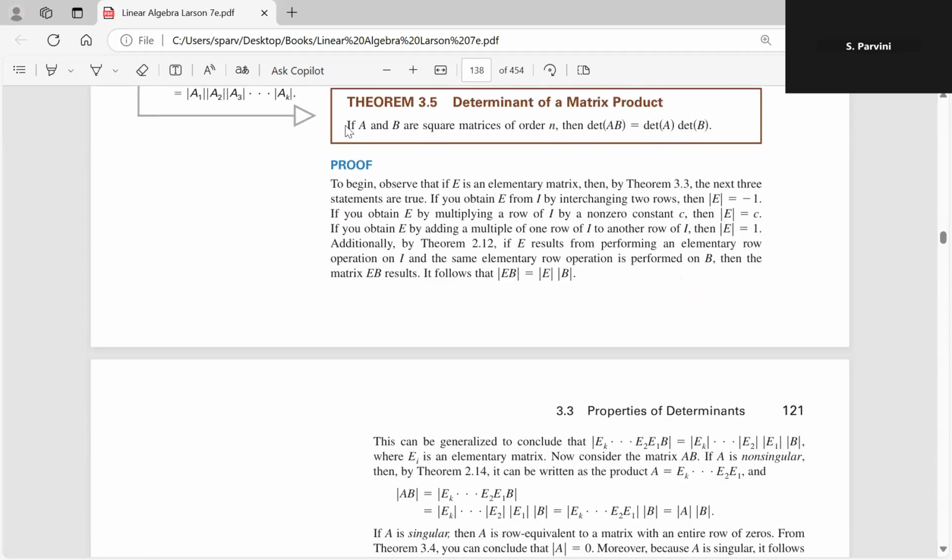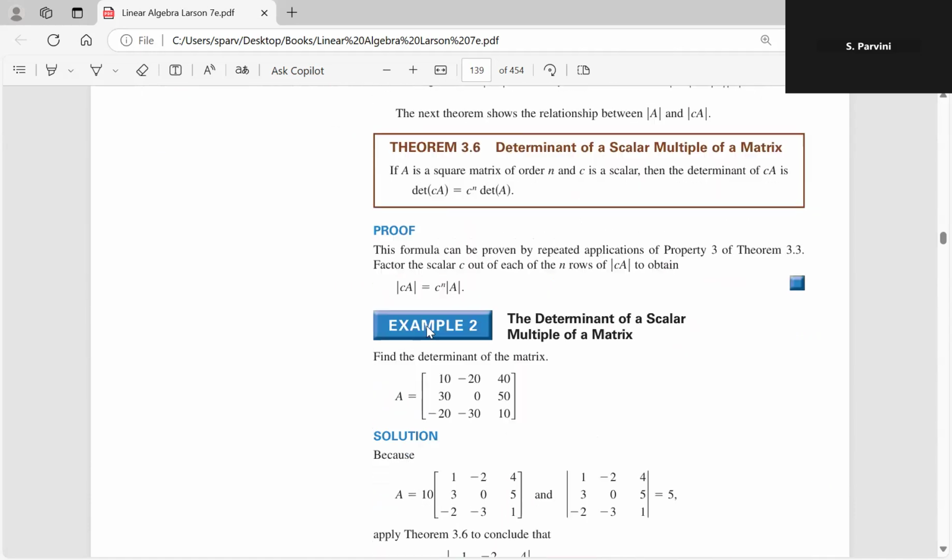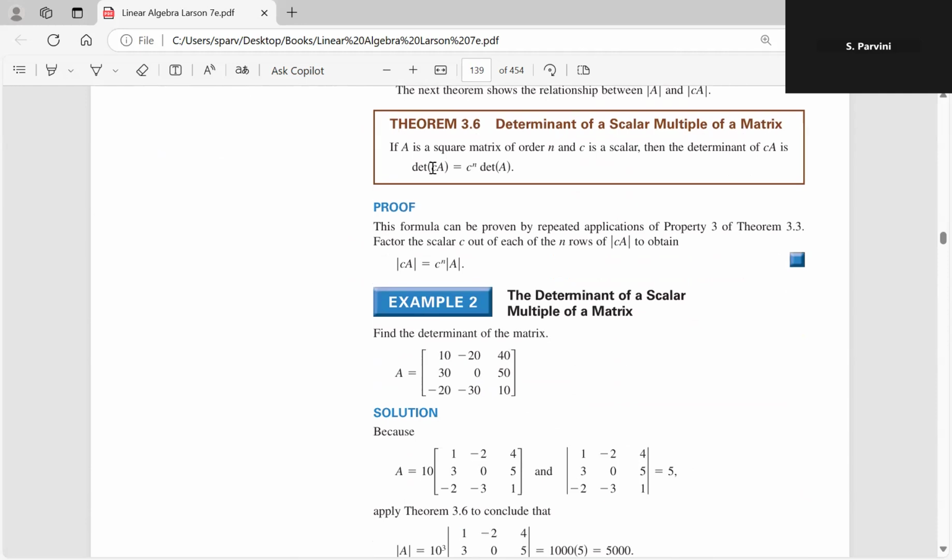The first property we saw was that the determinant of AB, the product matrix, is going to be the product of determinants. The other property was the constant multiple: the determinant of a constant multiple of a matrix. You raise the constant to the nth power, where n is the order of the square matrix.